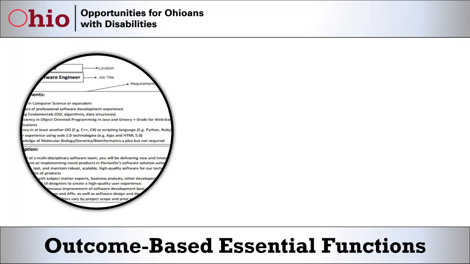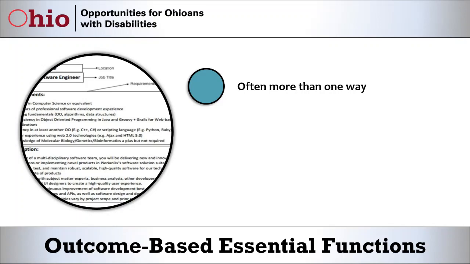So the first tip I want to talk about is describing essential functions in an outcome-based way. Although we may customarily perform a job a certain way, there is often more than one way to complete a task just as effectively.